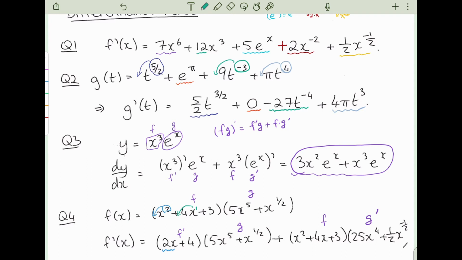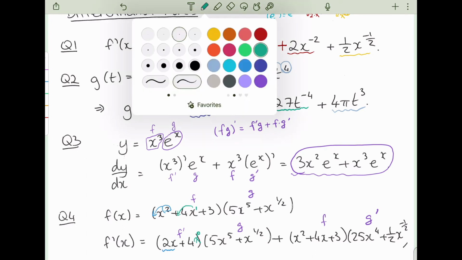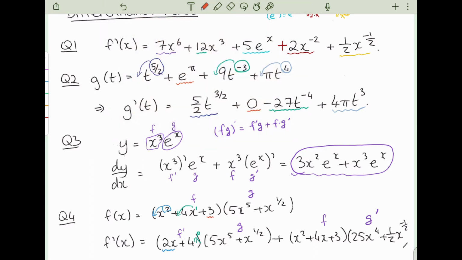So it's essentially x to the 0, which is just 1. So that's why it's 2x plus 4 here. And the last term, that's 3, its derivative is 0 because 3 is a constant, okay? So it disappeared.